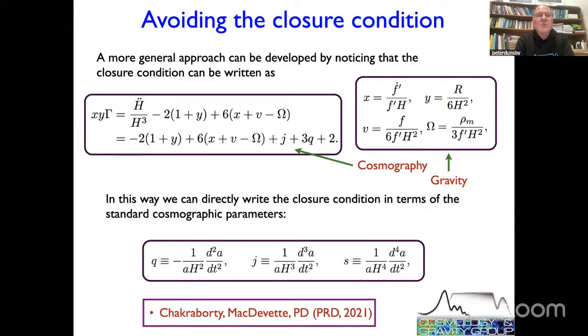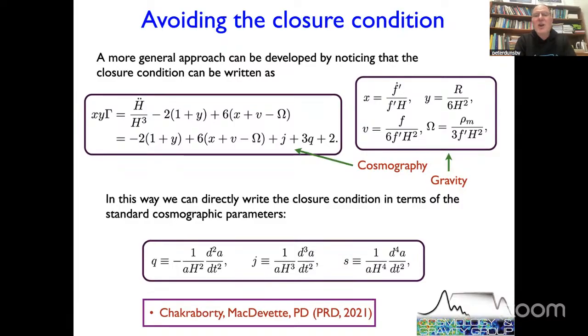Now you have a way of writing down gamma in such a way that the equations are closed, that you don't need to a priori impose a particular f of r theory of gravity. So essentially the set of equations can be broken up into 2 sets.